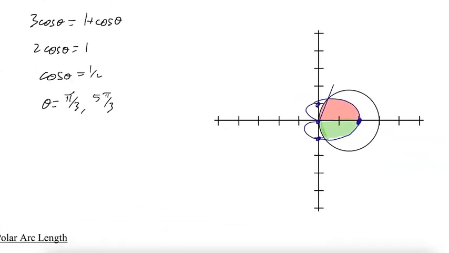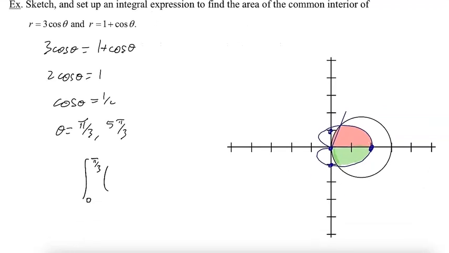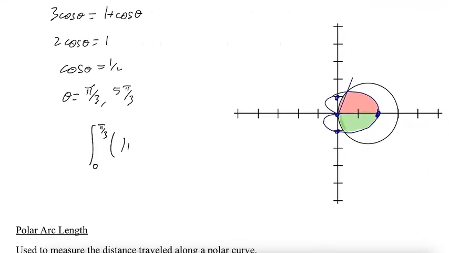Okay, so what I'm going to do then is from 0 to pi over 3, I have the first graph, which is 1 plus cosine of theta squared d theta.